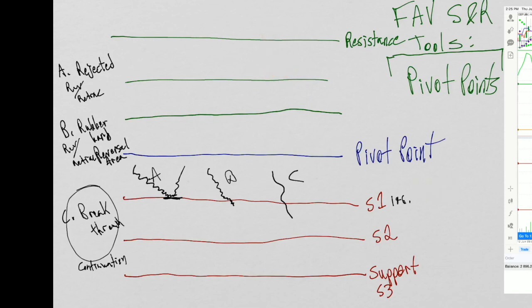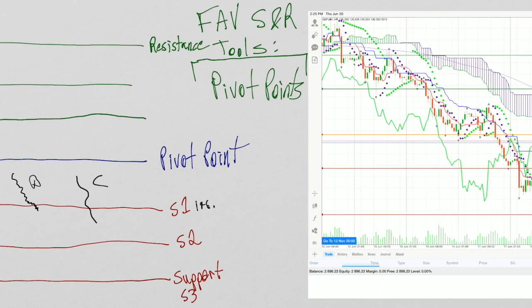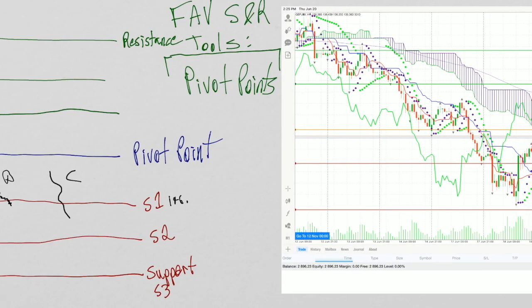Now, one of my favorite tools I like to use to monitor these areas of support and resistance is called pivot points. Now, there are many different ways you can highlight these areas on the charts.